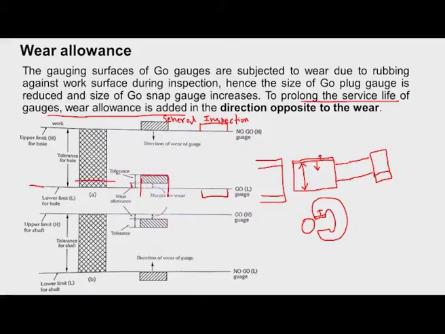So when we try to insert this GO gauge into the hole, it is obstructing, it will not enter because the hole is up to this. So the operator will decide to reject that particular piece. So that is the problem with this way of assigning the gauge tolerance and wear allowance.